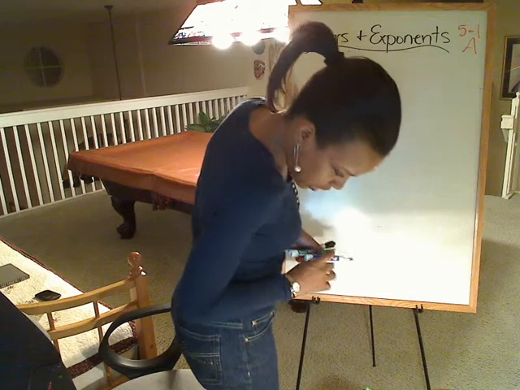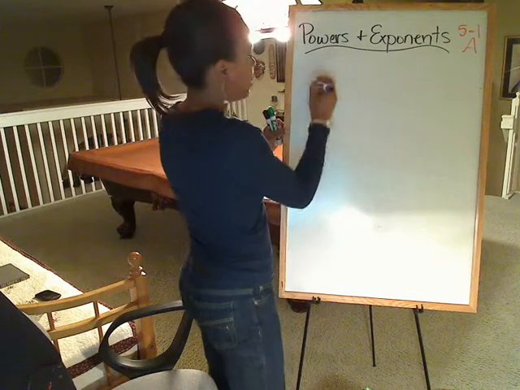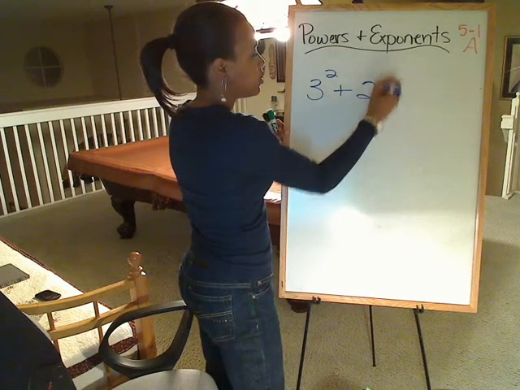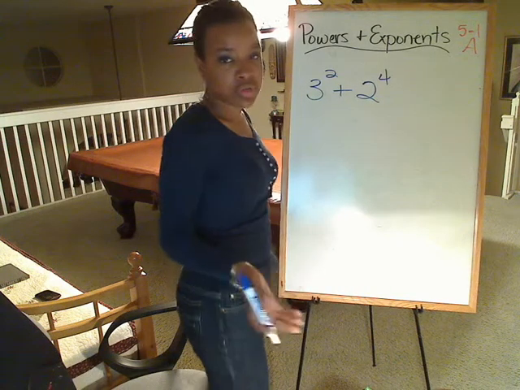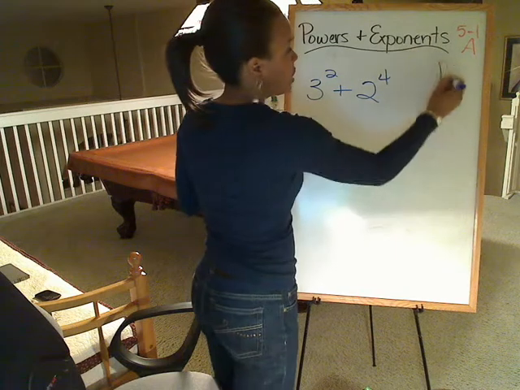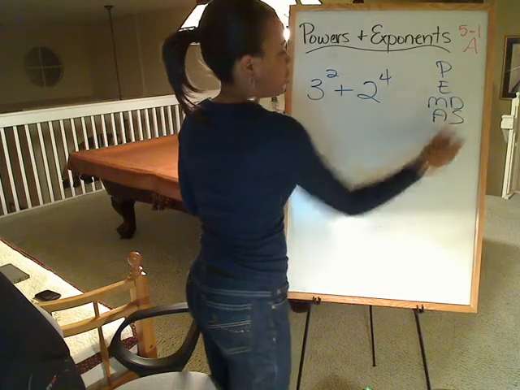Let's say you have 3 squared plus 2 to the fourth power. You know you have to do order of operations to solve this, right? So please excuse my dear Aunt Sally.